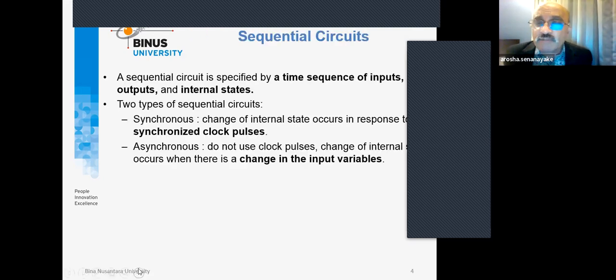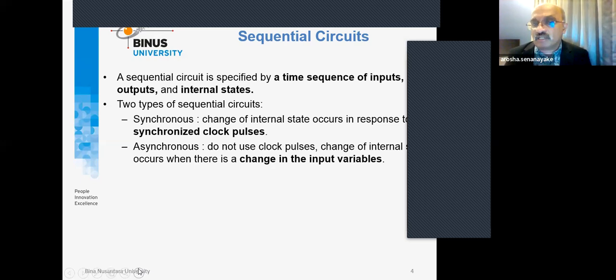When it comes to sequential circuits, we can define them. If you remember combinational circuits, you had some discrete inputs, and we tried to obtain some outputs based on the logic gates you designed. But in the case of sequential circuits, the word says sequential.